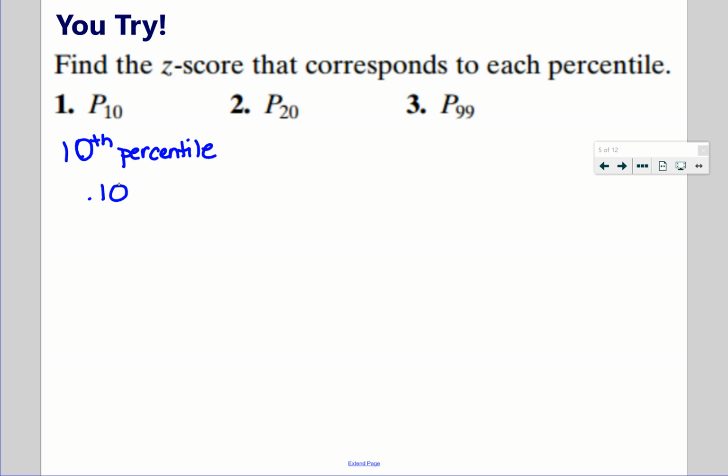Does that make sense? So we want something below 10% or the closest to it, and negative 2.33 is going to be the value we find for that. Okay? All right, try the next two. Find the z-score that corresponds to the percentile.